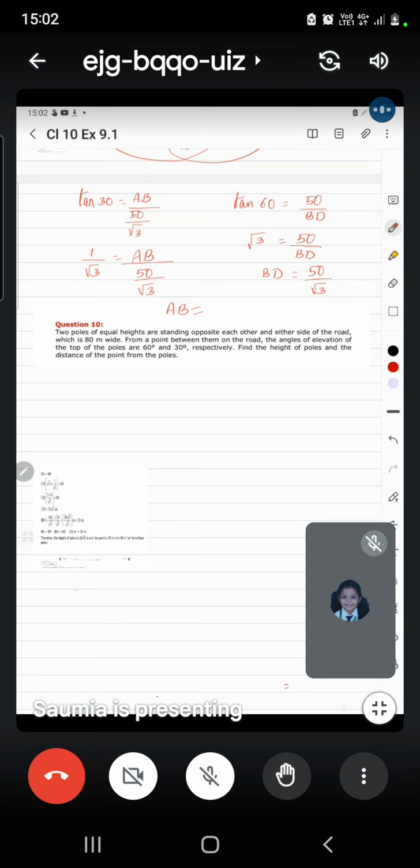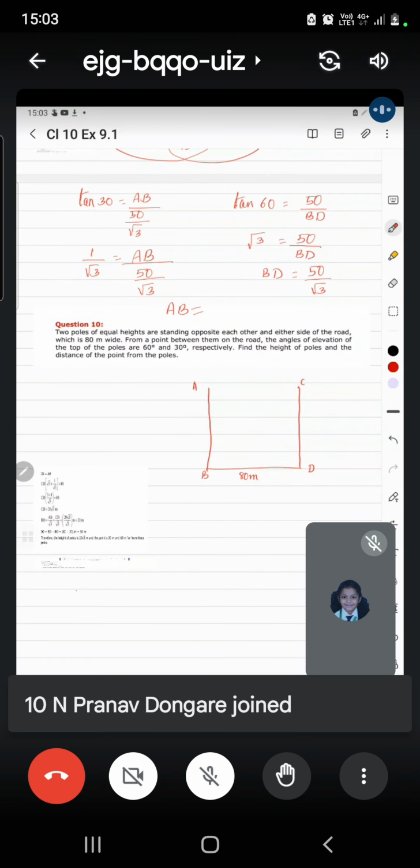You must have drawn a road, a horizontal line, and two vertical lines on either side of it, perpendicular to the road, and this must be 80 meters. So A, B, C, D. This everyone must have drawn, right?